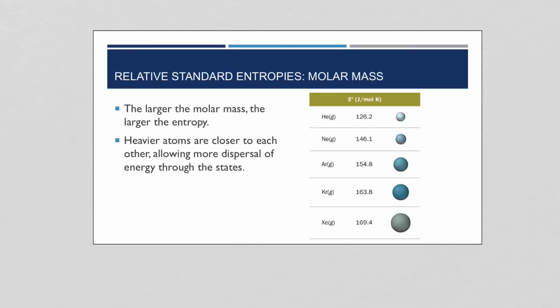Now, this has to do with the fact that in a structure, the heavier atoms will tend to be closer to each other, allowing more energy dispersal through the different energy states. Now, the details of this are beyond what we need to talk about now, but what we want to understand at this point is that as mass goes up, so does the entropy.